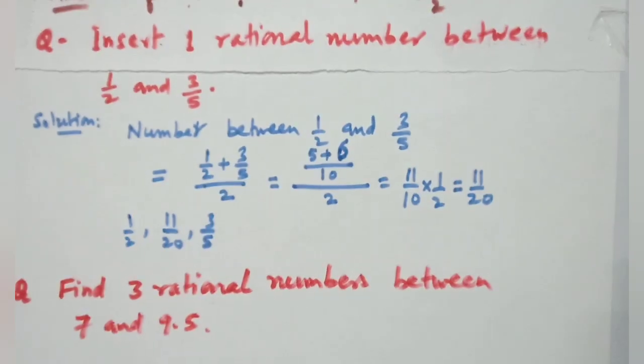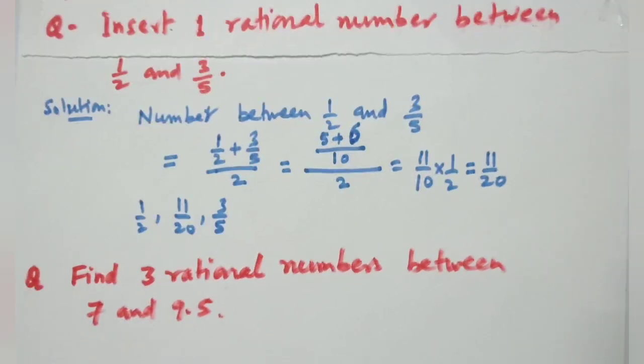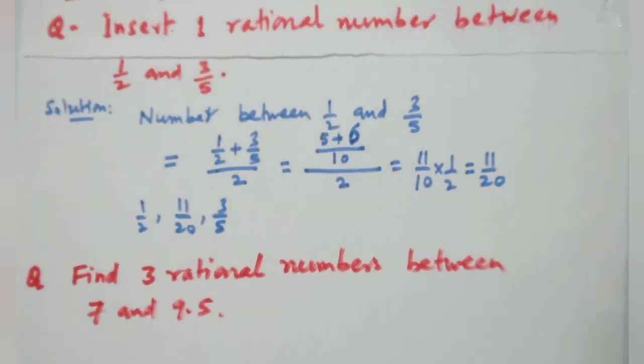Okay, so I'm taking one more question of the same type. Find 3 rational numbers between 7 and 9.5. These 7 and 9.5 are also rational numbers. So in this case also we'll use the same rule.